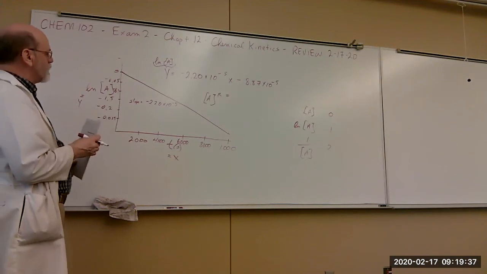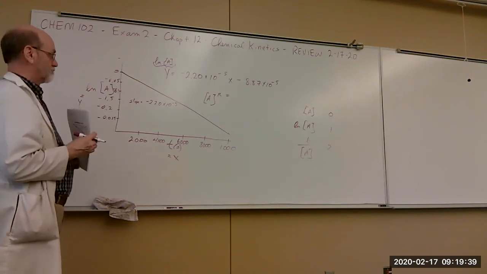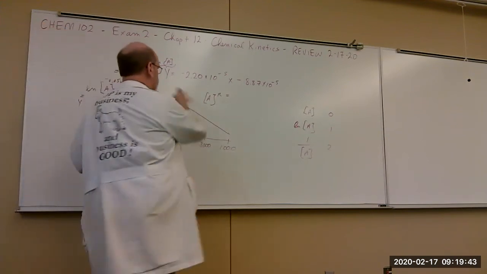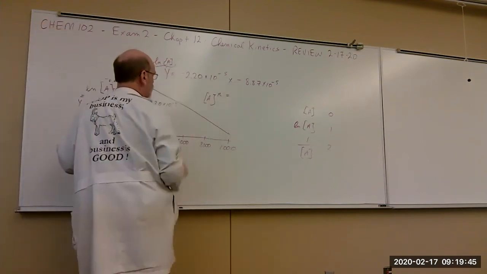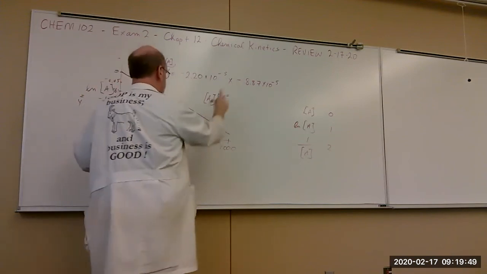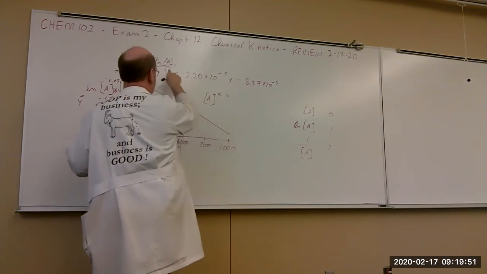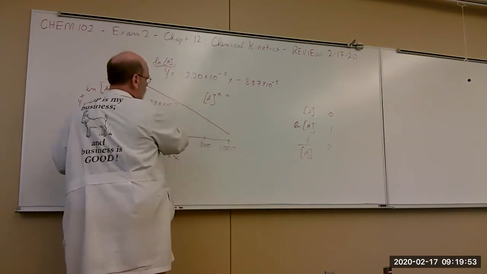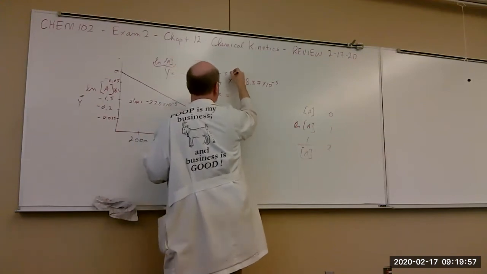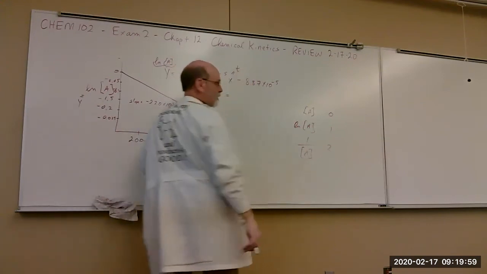What's the value of the rate constant? Okay, so look at this equation and remember that you're plotting x against y, and y is equal to the natural log of A, and x is equal to what? X is equal to time, right?